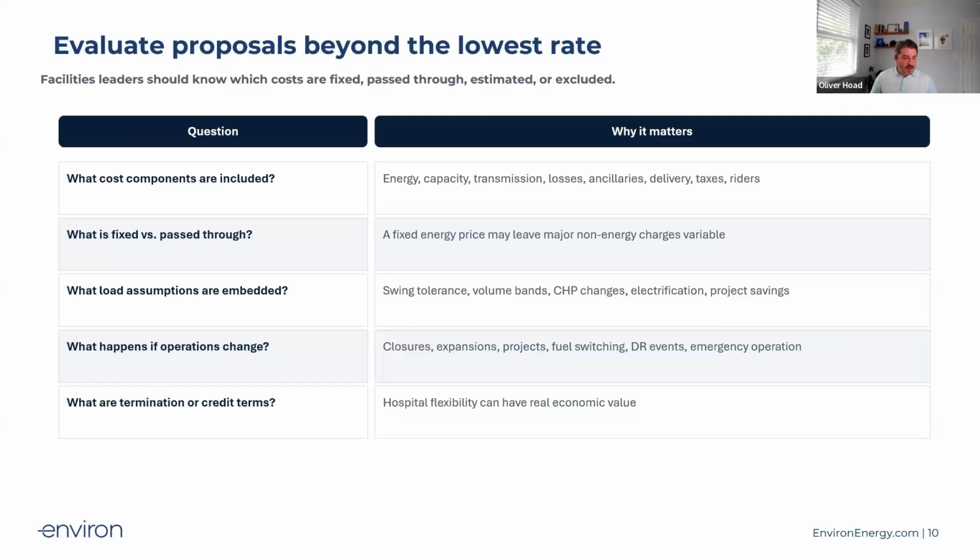And finally, from an operational perspective, if you're closing things, expanding, or you're implementing different projects, how that is going to affect the overall contract. Can you incorporate, add, or delete language to the contract? Or if not, what are the potential penalties to either exit or change your usage volumes within the contract term?